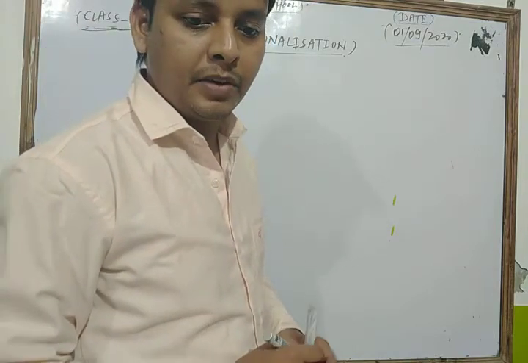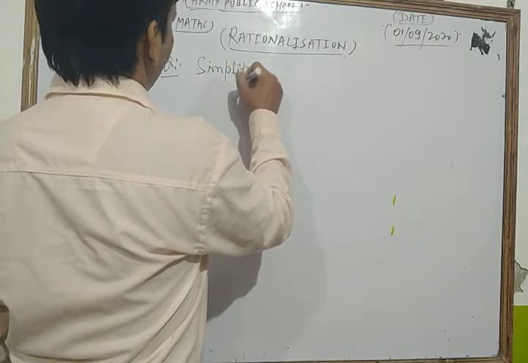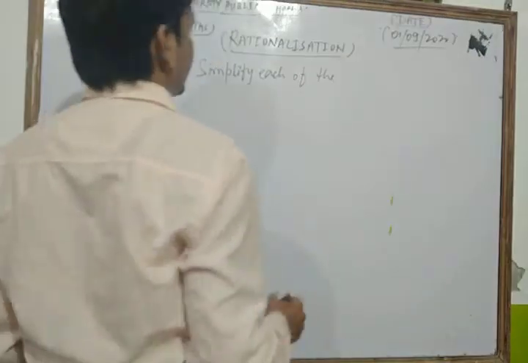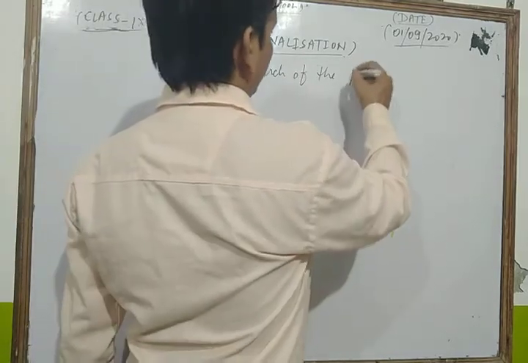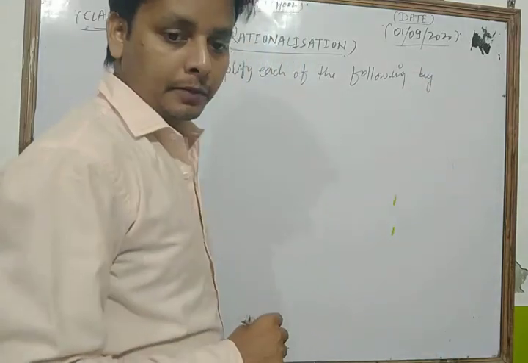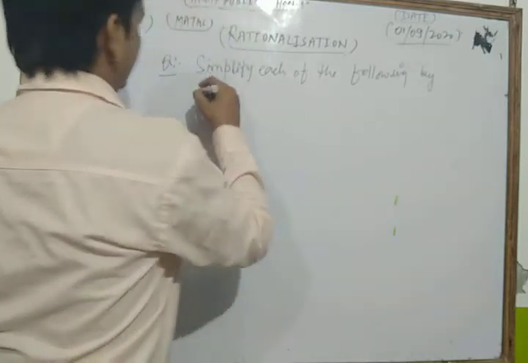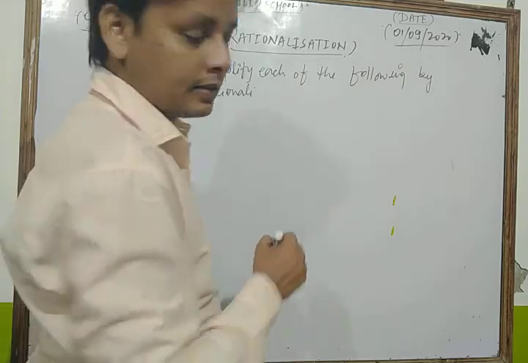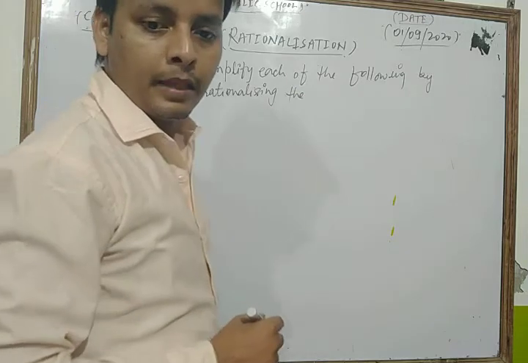Your question is: simplify each of the following by rationalizing the denominator.